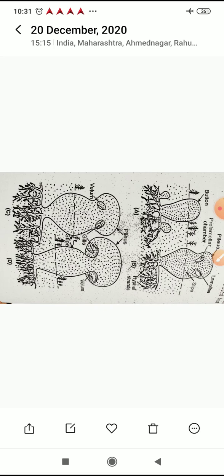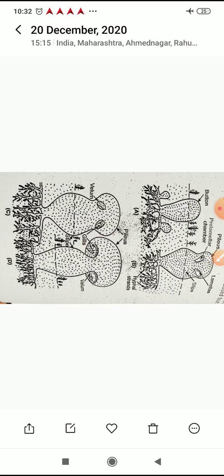Now we will see the structure of the thallus. So first, the primary mycelium. The secondary mycelium originates from the primary mycelium. After fusion of hyphae of two opposite strains, the nucleus of one hypha migrates to the other and later gives rise to a binucleate secondary mycelium.